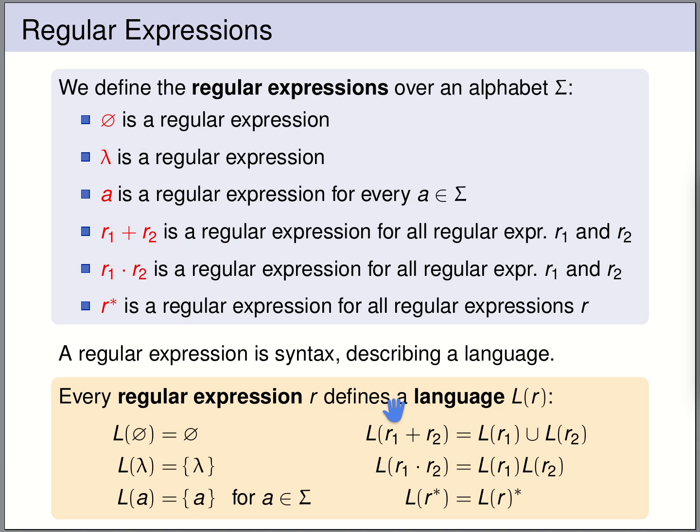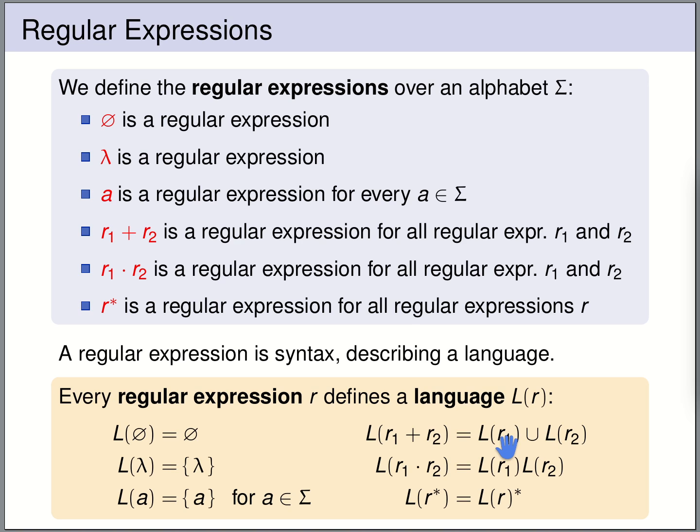The language of R1 plus R2 is the union of the languages of R1 and R2. So the symbol plus is translated to the union of languages. The language associated to R1 times R2 is the concatenation of the two languages, of the language of R1 concatenated with the language of R2.